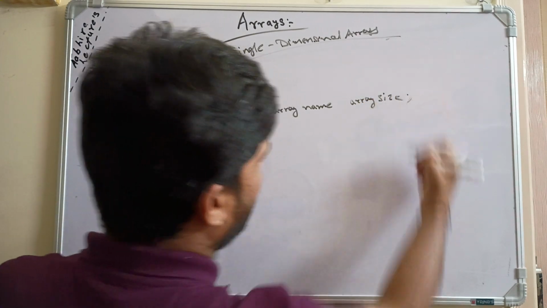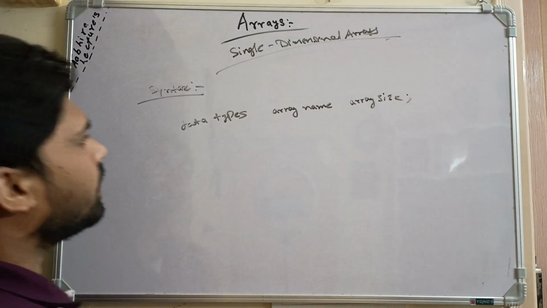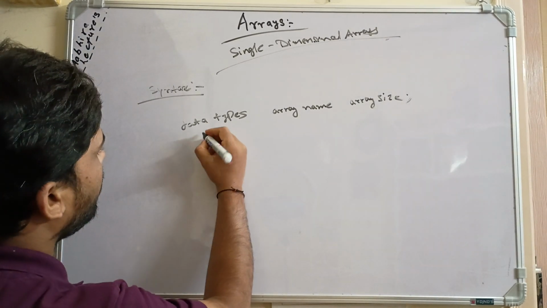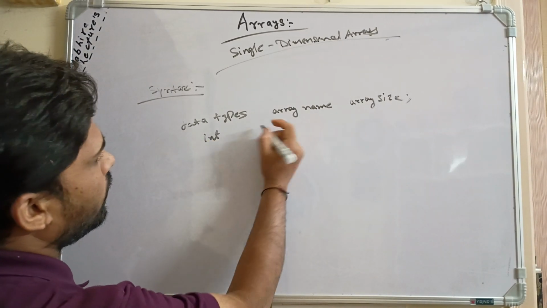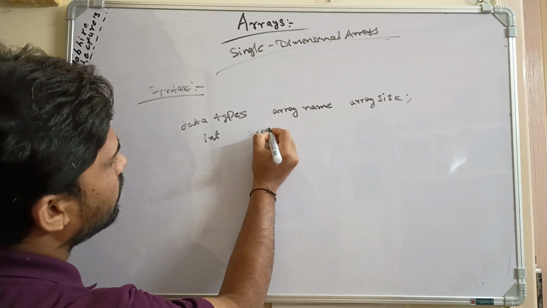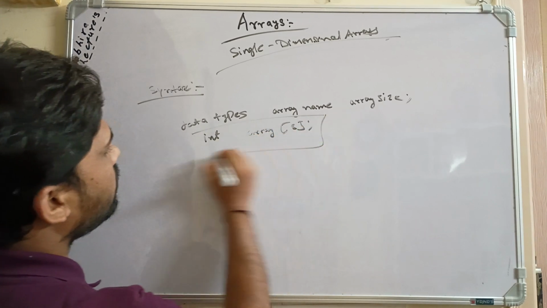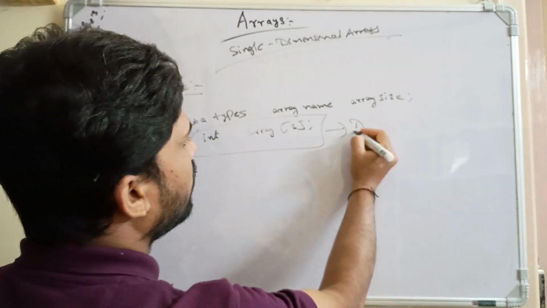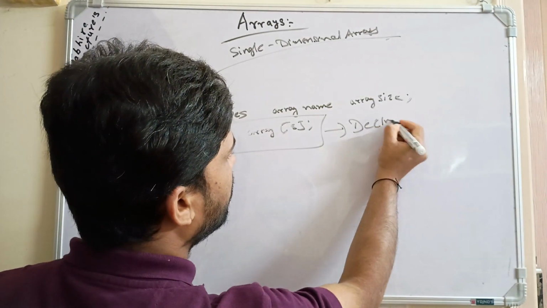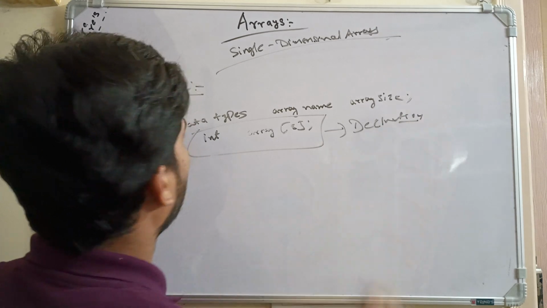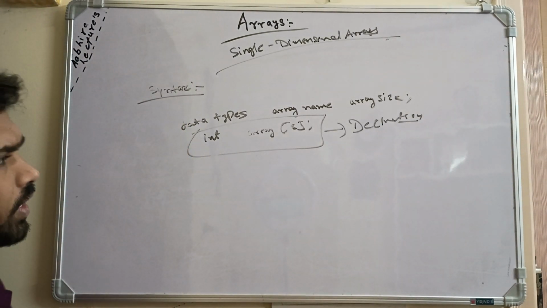Okay, this is the declaration. So for the data type we have to take integer, for the array name take array, and the size of the array is 5. So this is the declaration of an array, the general syntax.